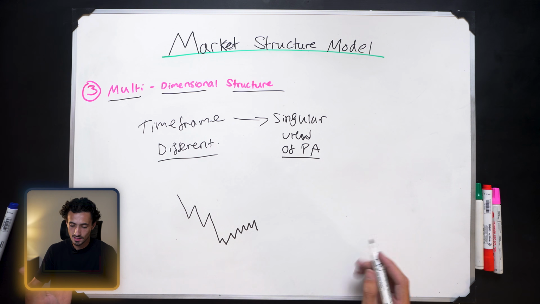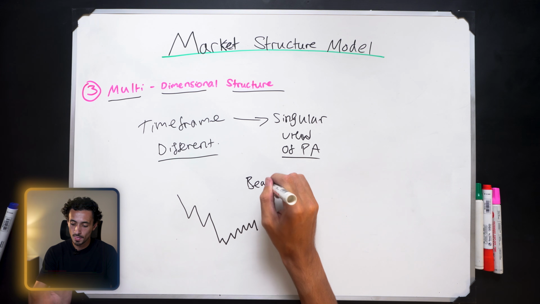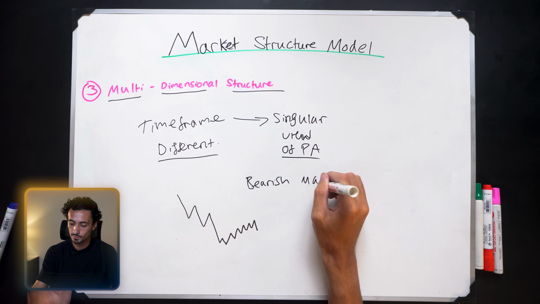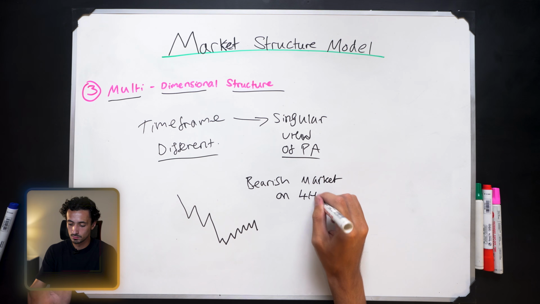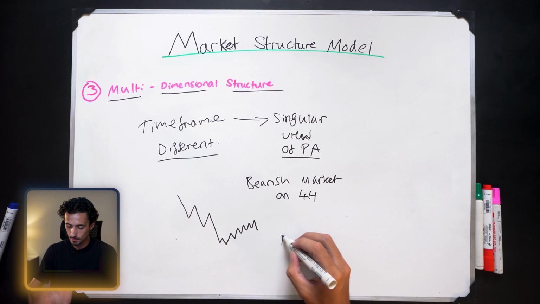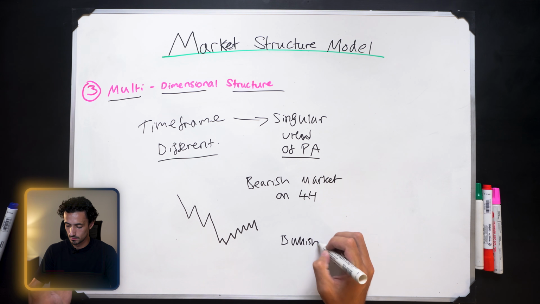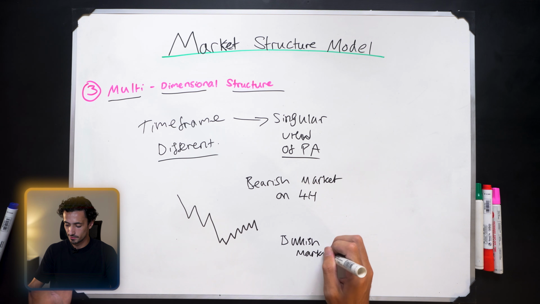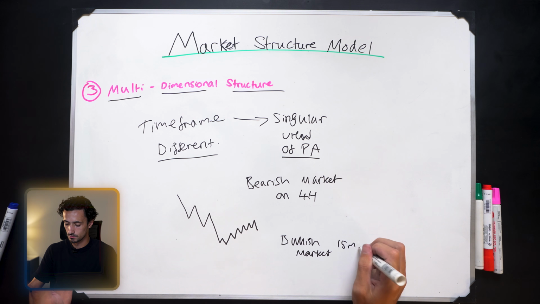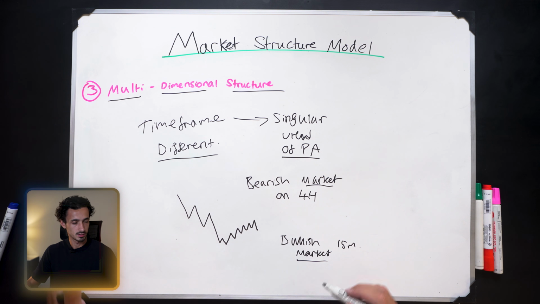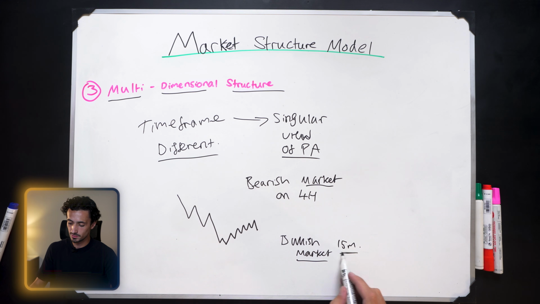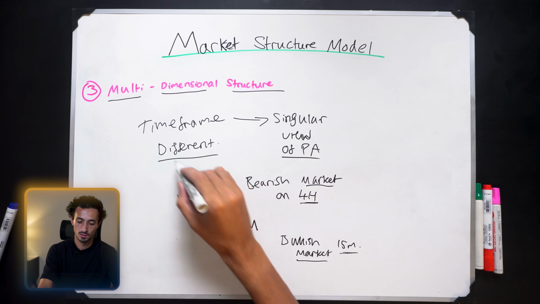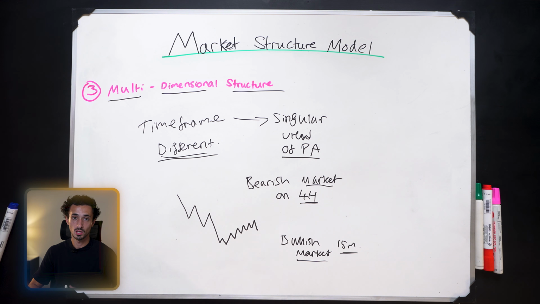It can be a bearish market on the 4 hour, but it can be a bullish market on the 15-minute time frame, right? Same market, same euro US dollar or ES, whatever it is you're looking at, different time frames, different perspective. Therefore, you're looking at things differently.